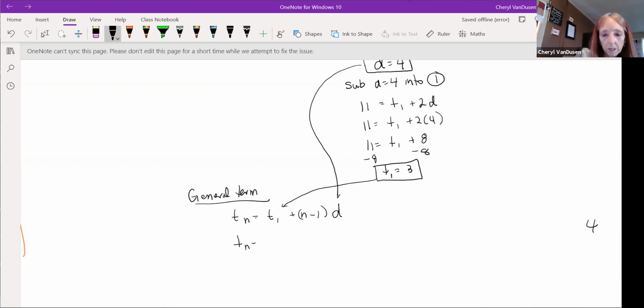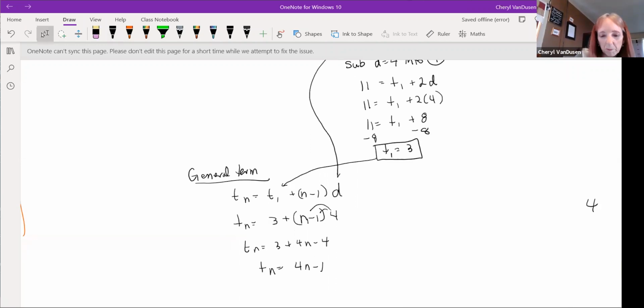So we get Tn equals 3 plus n minus 1 times 4, and we would want to simplify that a little bit. So multiply the 4 through. Tn equals 3 plus 4n minus 4, and then our final simplified answer, 4n minus 1. And that would be an expression for the general term.